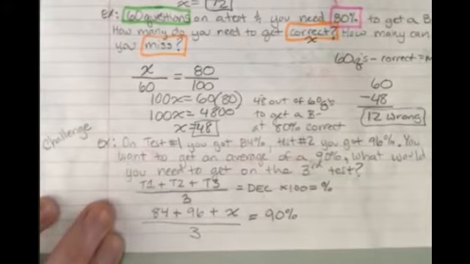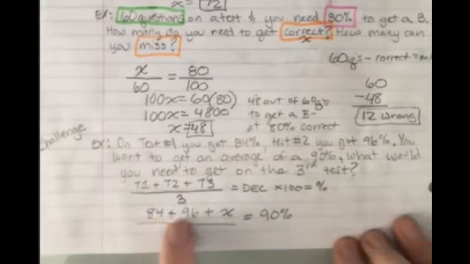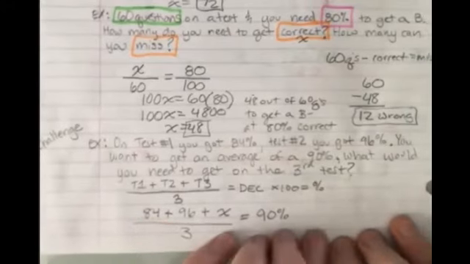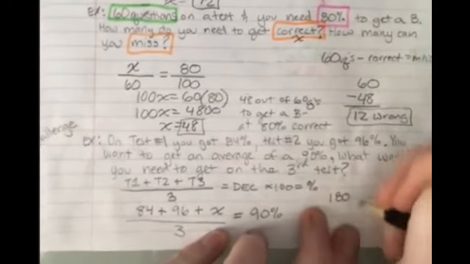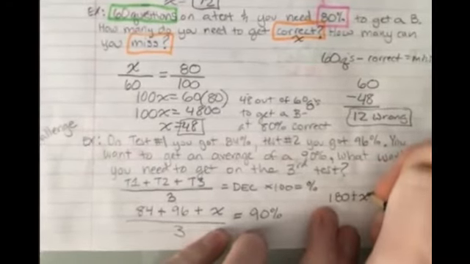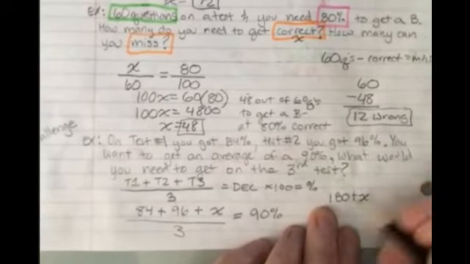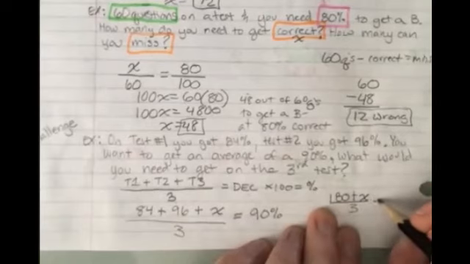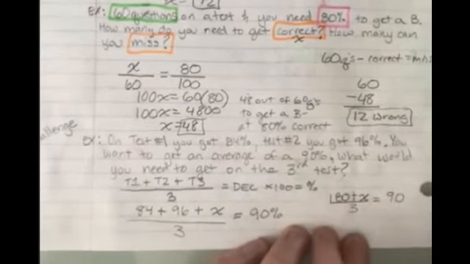Now that we have this, we want to combine these two numbers because you can see they are like terms. So when you combine them, you'll get 180 plus X, and then you'll have the 180 plus the X over 3 equals your 90.